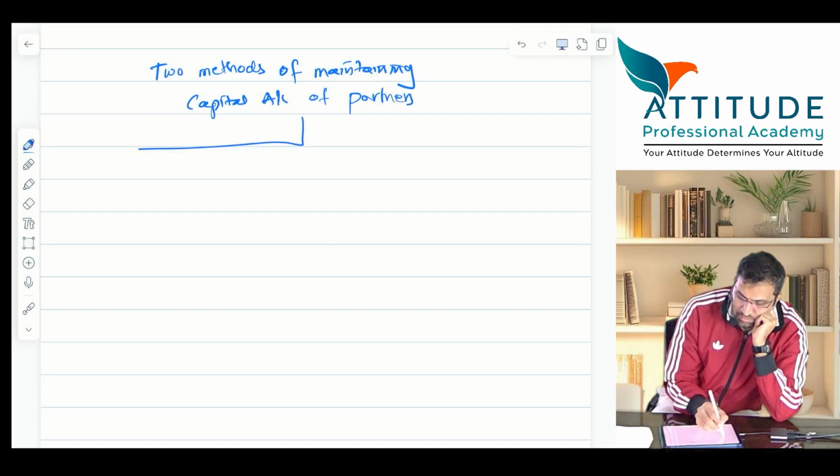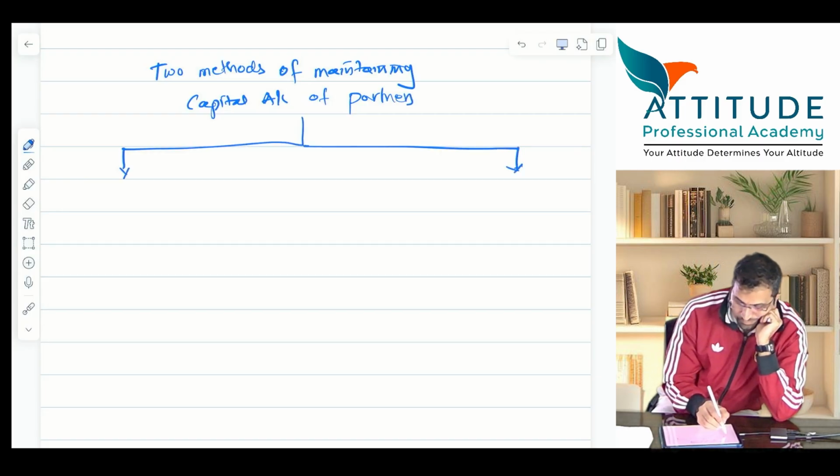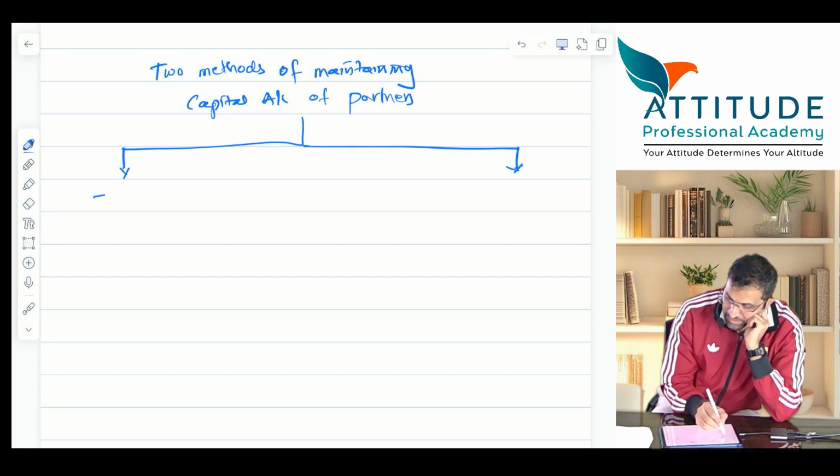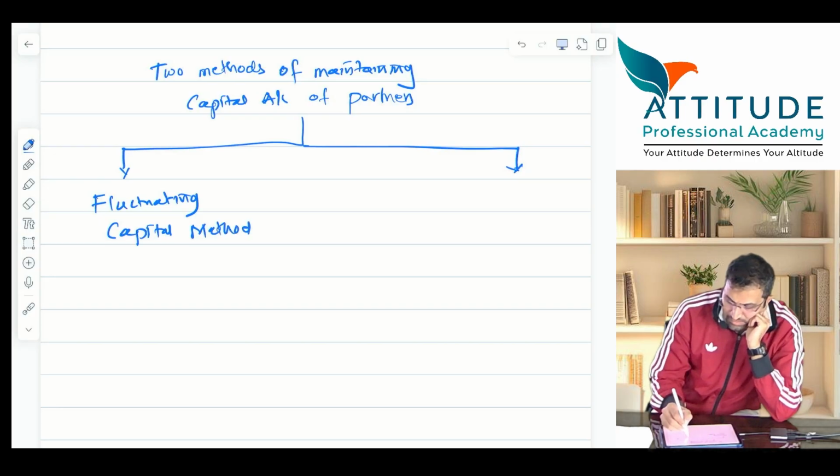Anybody can tell me? One, fluctuating capital method. And fixed capital method.